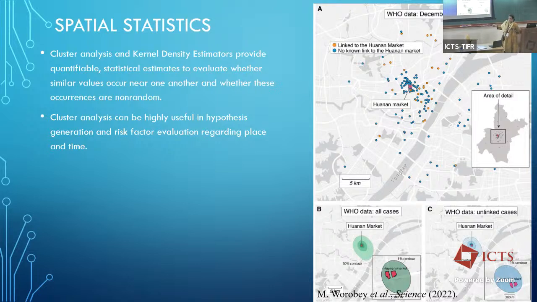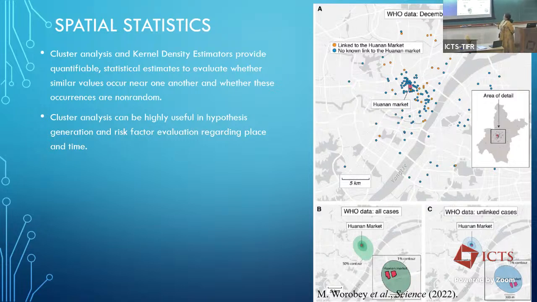This is the 1% contour from here, and it's hard to read, but I think that says 300 meters. So we're well within a kilometer. That 1% contour of probability is very close to the market.